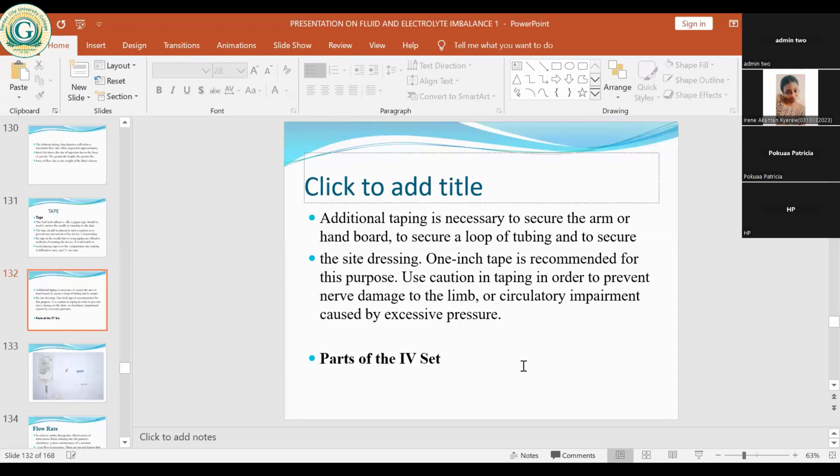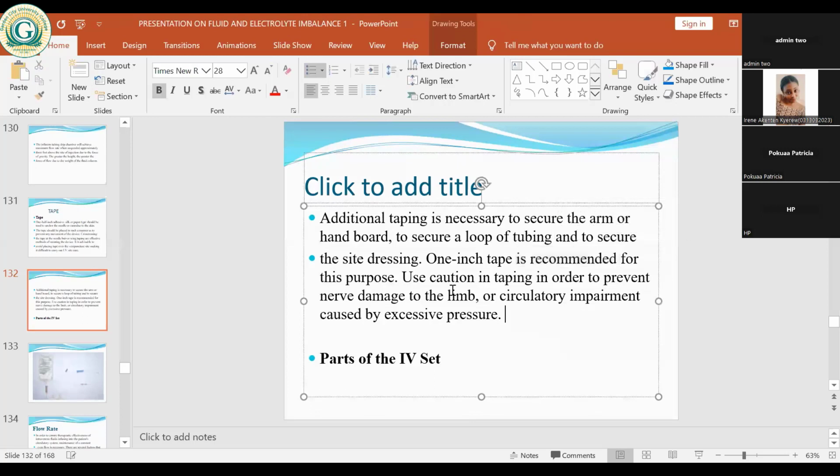To secure a loop of tubing and to secure the site dressing, 1 inch tape is recommended.